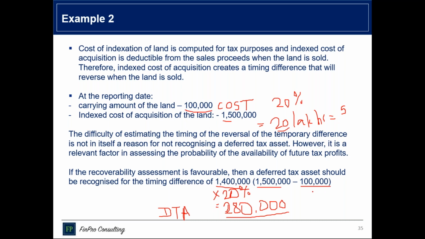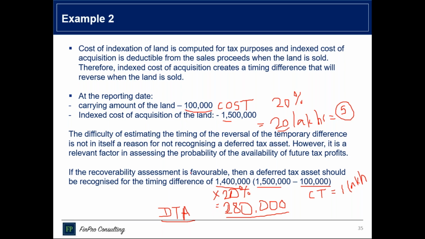20% is my long-term capital gain rate. So my current tax is basically 1 lakh rupees, which is nothing but 20% of this 5 lakhs. So current tax is 1 lakh, correct? And I already have 2,80,000 as my deferred tax asset. Now, since there is no timing difference between the accounting books and the tax books, it is 0 because I have sold the land.